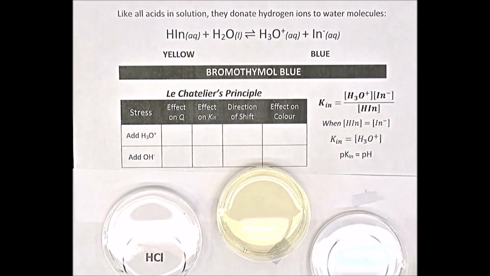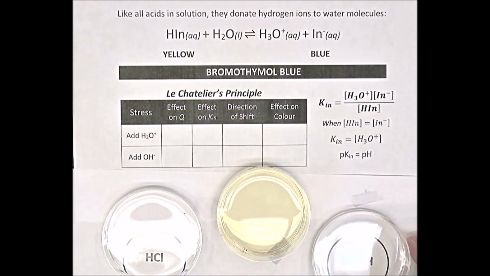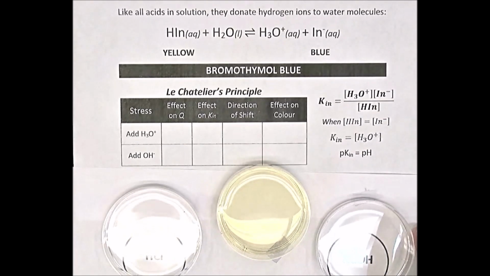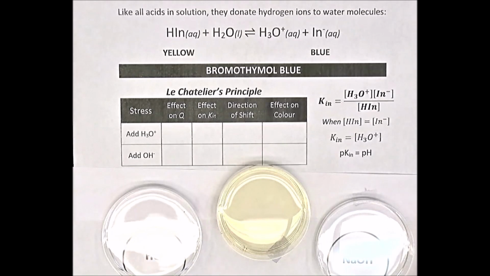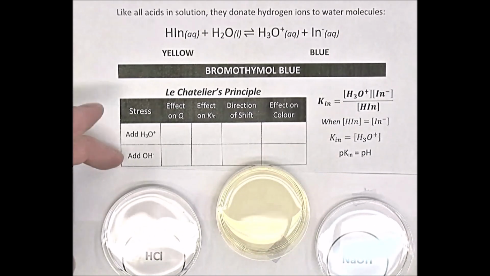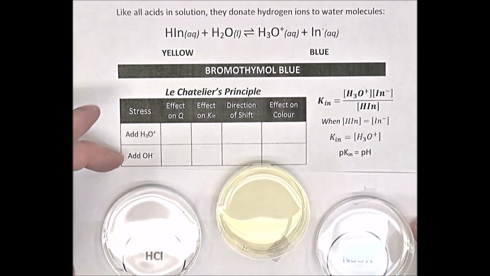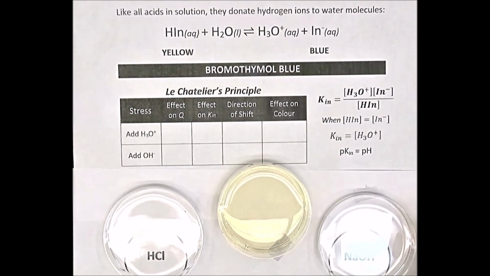Now, can we shift it the other direction? Okay. So see if you can predict what happens to the equilibrium if we were to add hydroxide ions. We're going to use the sodium hydroxide as our source of hydroxide ions. Now at first that may confuse you when you look at the balanced equation because there are no hydroxide ions in the equilibrium above.